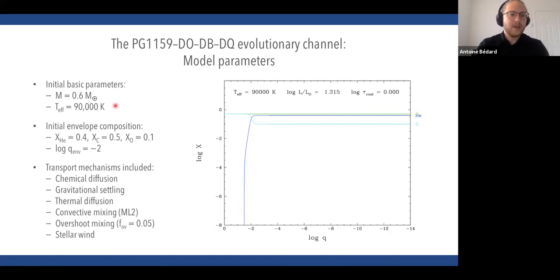I started from a very hot 0.6 solar mass star with an initial envelope composition which is a mix of helium, carbon, and oxygen, which is typical of PG 1159 stars. The envelope is 1% of the mass of the star, and the transport processes included are the 3 types of diffusion, convective mixing, overshoot mixing, and finally a weak stellar wind at high effective temperature.